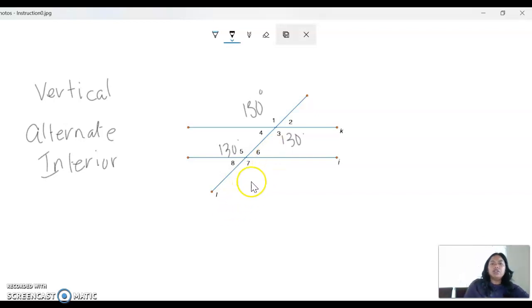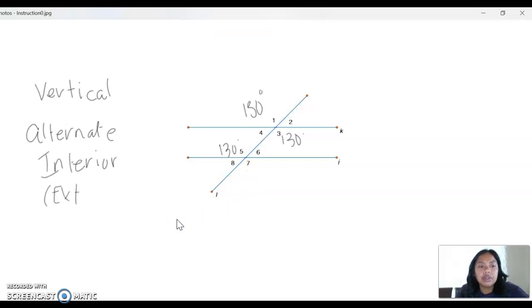The next one: there are a bunch of different ways to determine that angle 7 is congruent to those as well. 5 is vertical to angle 7, and vertical angles are equal. So 5 is 130, and 7 has to be 130 as well. We also have alternate exterior angles, which we learned yesterday.